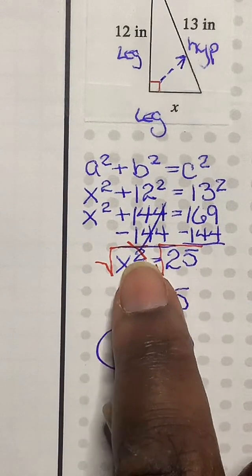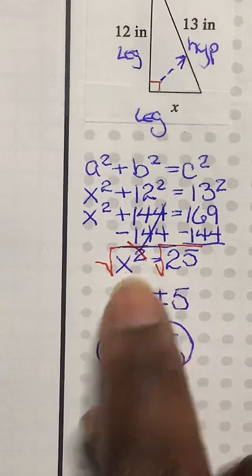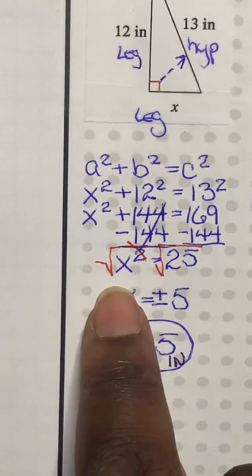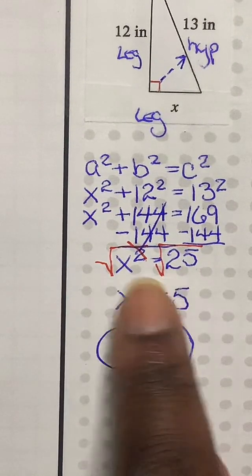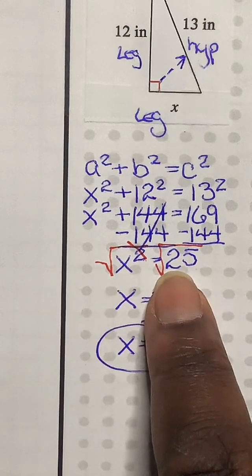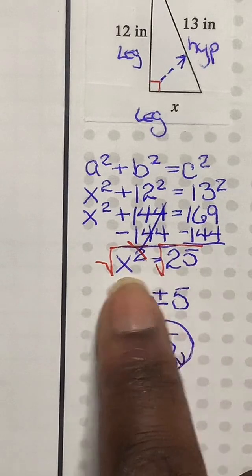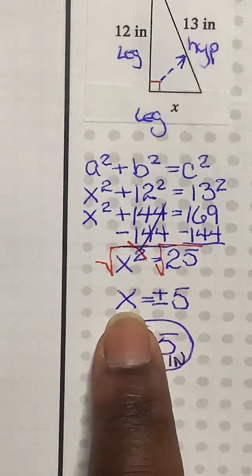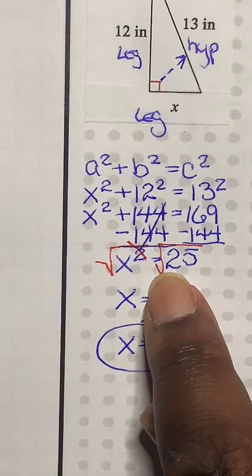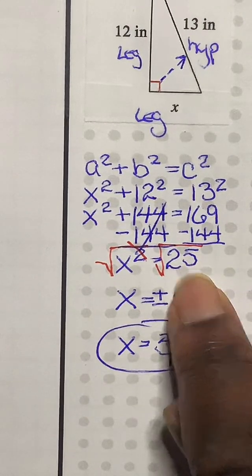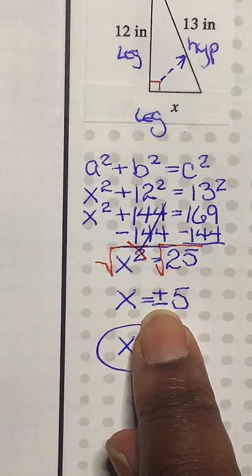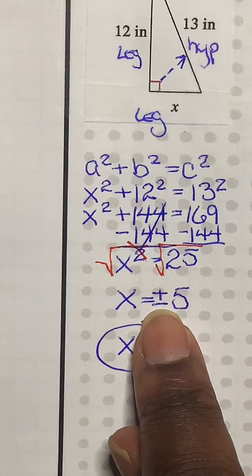In order for us to get rid of this square, we had to do the inverse, which is square root. So when we took the square root of both sides, the square and the square roots, they're opposites of each other. They cancel each other out, which is where that x came from. But now, coming out of a square root of 25, it always gives us an answer that's positive and negative.